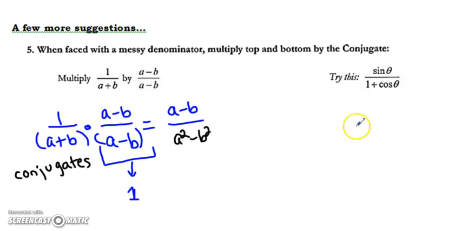So I want you to take a look at this fraction over here with sine in it and 1 plus cosine. What you would multiply by is the conjugate of the denominator. So it would be 1 minus cosine of theta, top and bottom, okay? And I want you to see if you can figure out what you'd get when you simplify that. All right, give it a try.